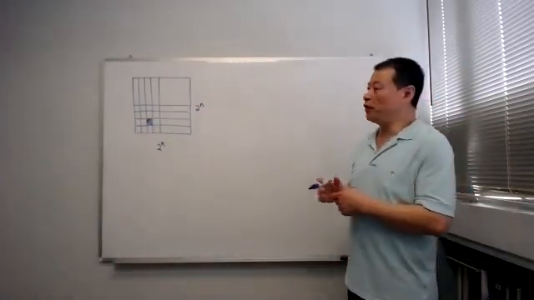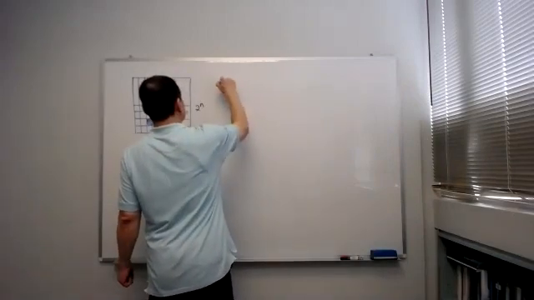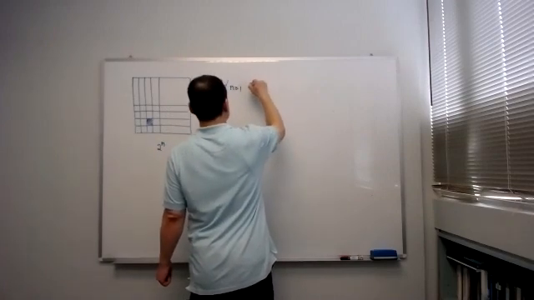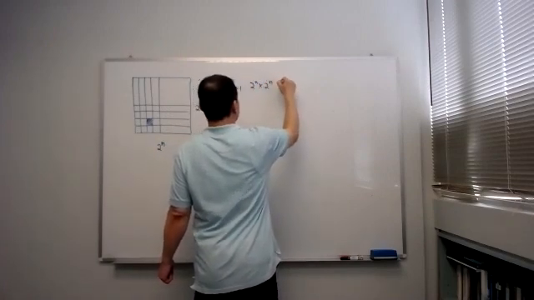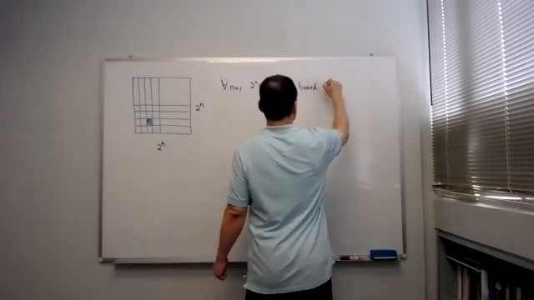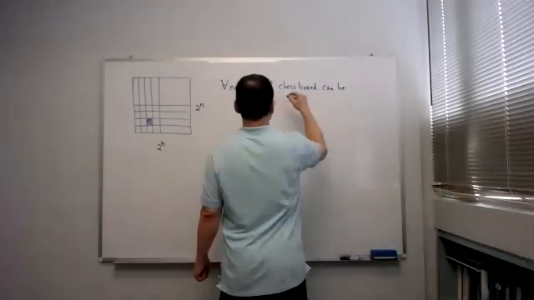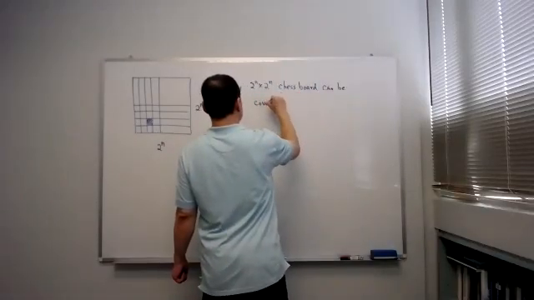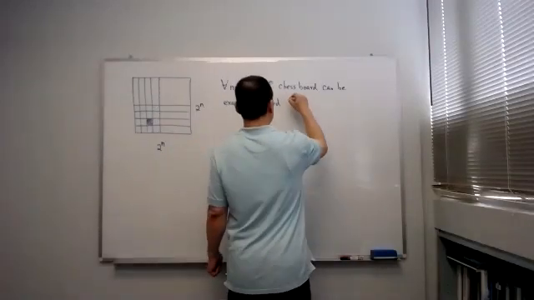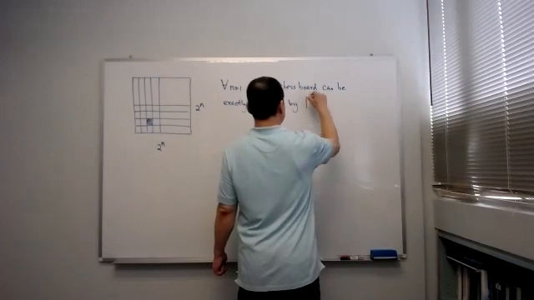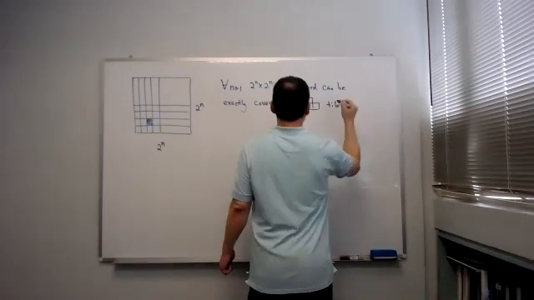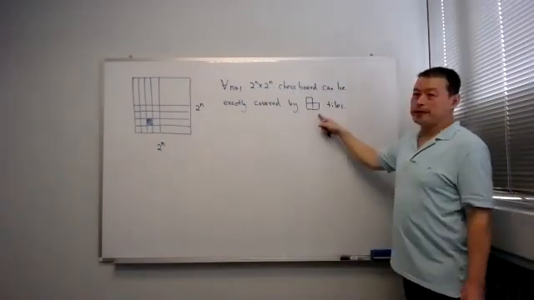Our claim is, for all n, we can always cover it by L-shaped tiles.